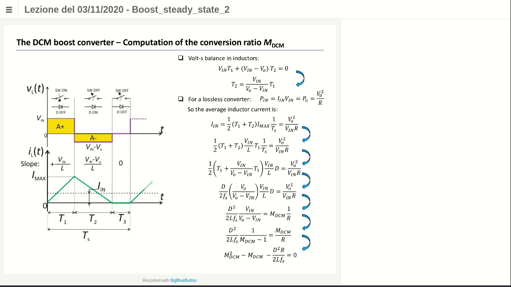I have to say that in the boost converter we have a very heavy drawback for operating in CCM, continuous conduction mode.